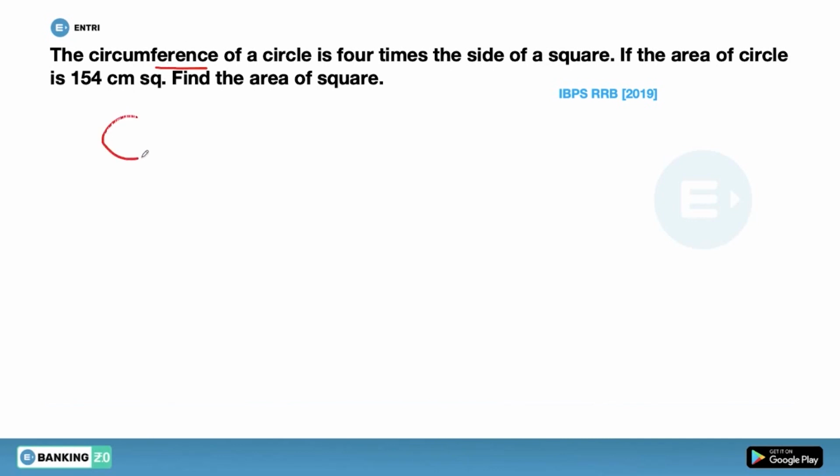So if someone asks what is the circumference of a circle, just take a starting point and calculate the whole part till its end point. So this boundary is the circumference of the circle, same as the perimeter. So what have they told? They have told that the circumference of the circle is 4 times the side of the square.